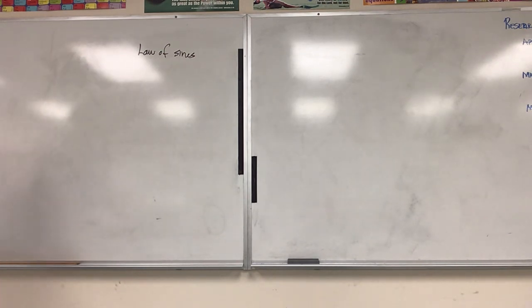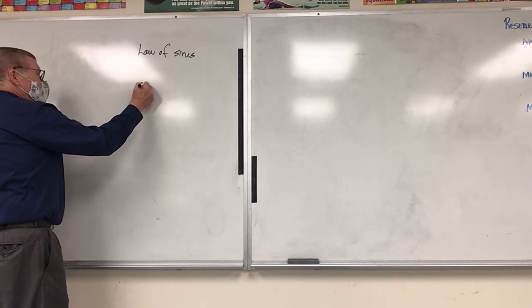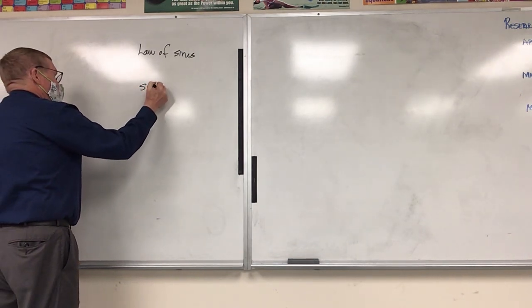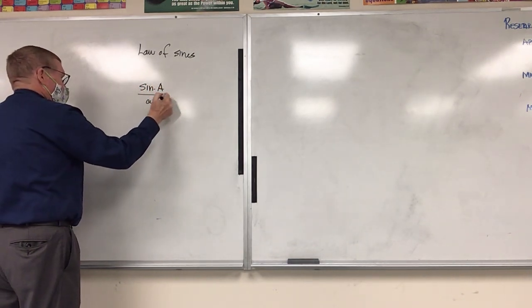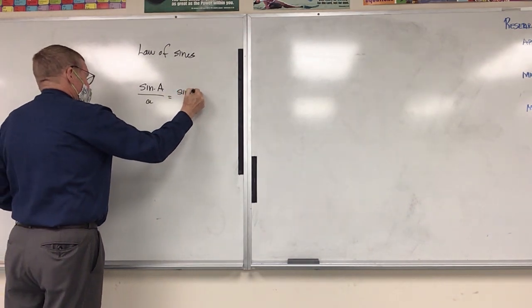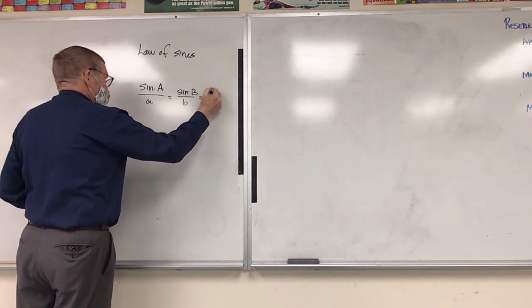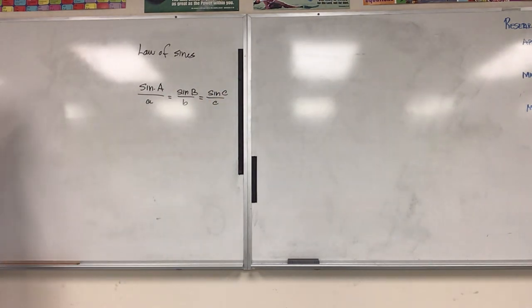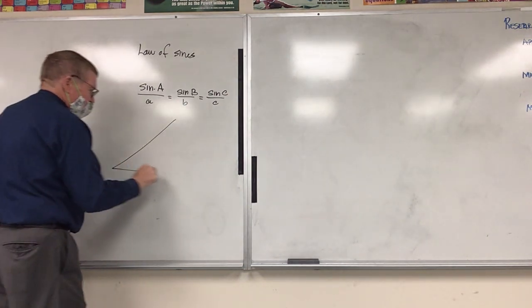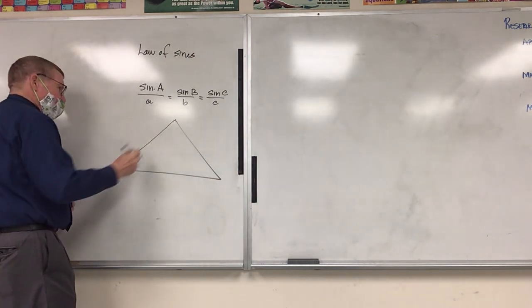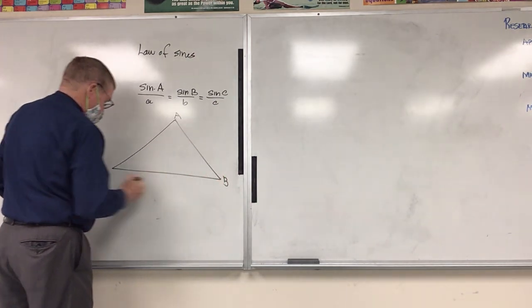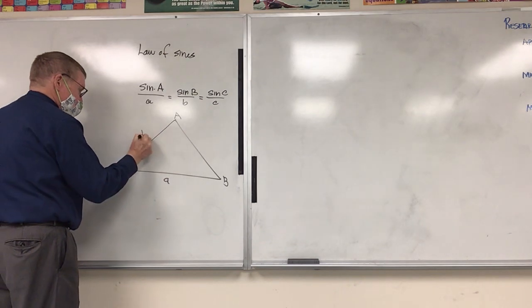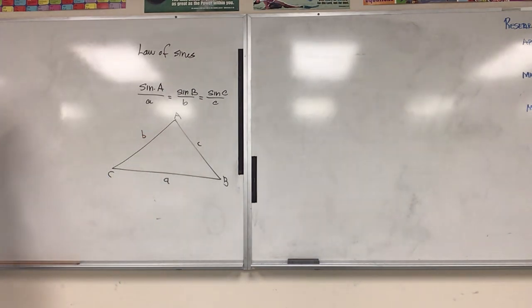The law of sines, basically in any triangle, is sine A over a equals sine B over b equals sine C over c. The lowercase letter is always the side opposite the angle. So when we look at this triangle, and again, it's not necessarily a right triangle, this is what the letters would look like.